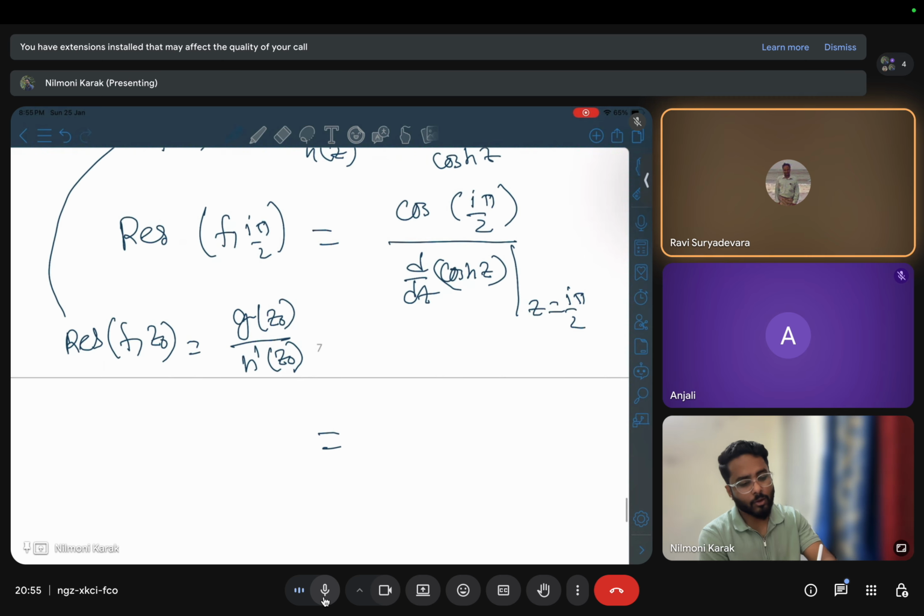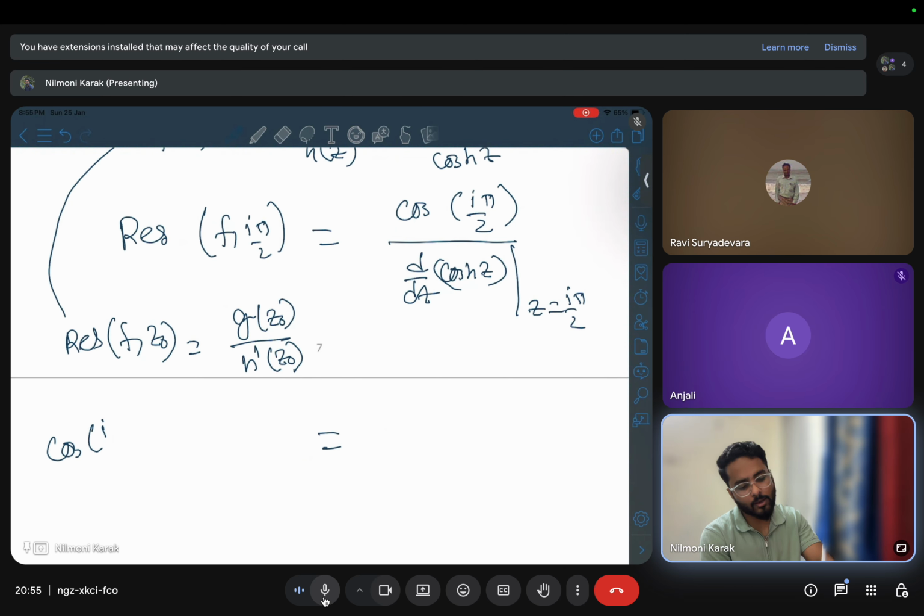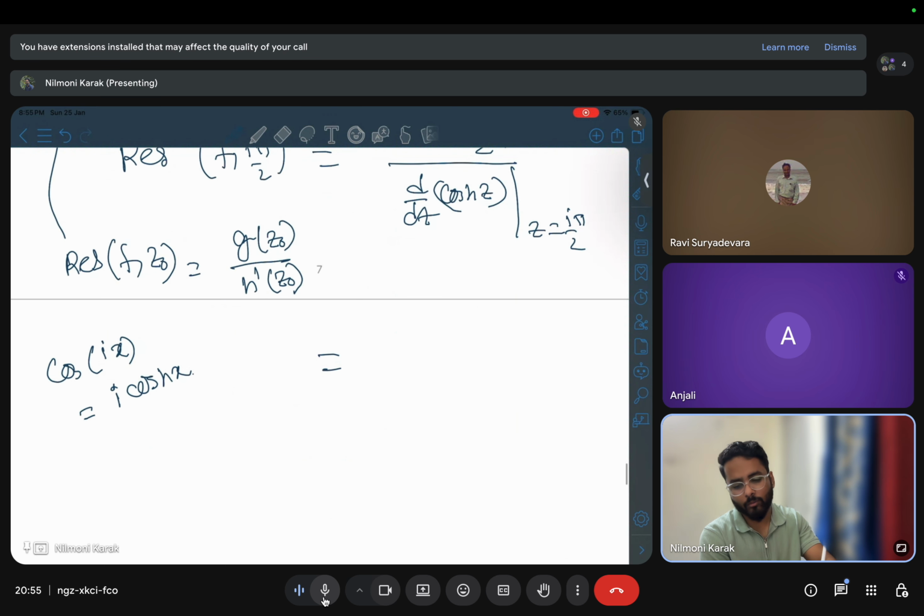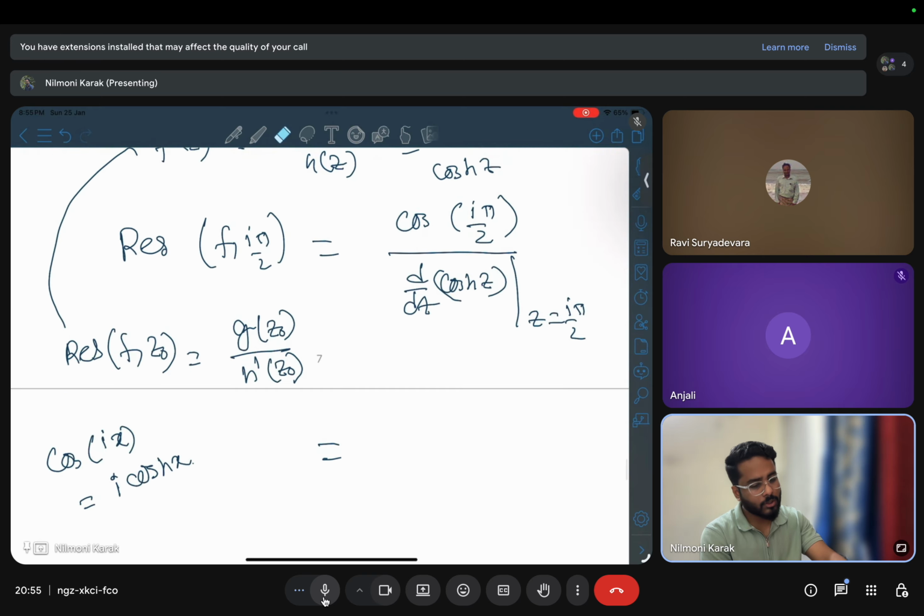And cos i x equals cos hyperbolic x. This is the formula; by simple computations you can check.